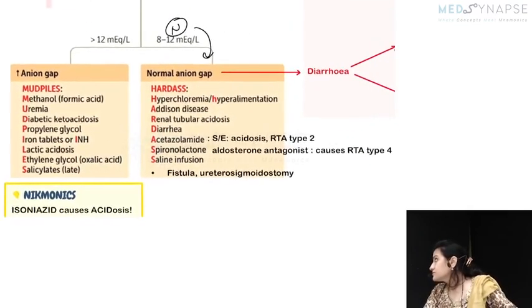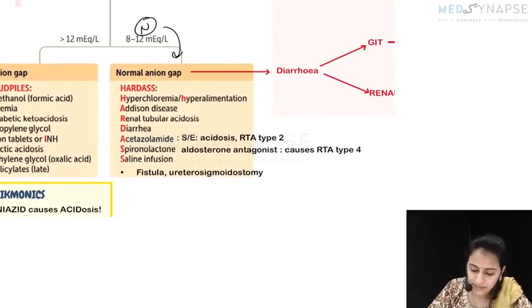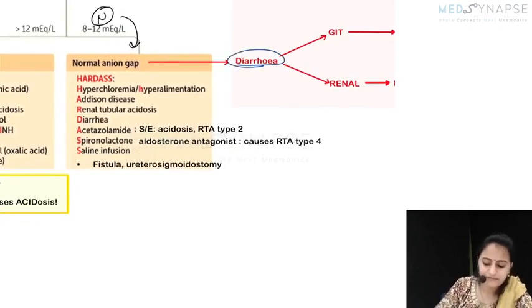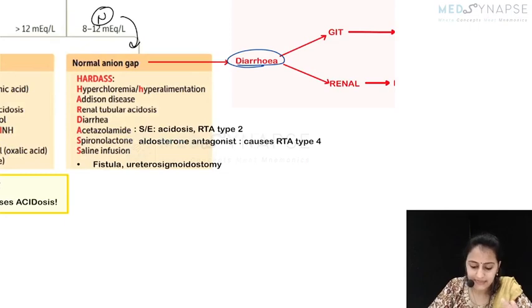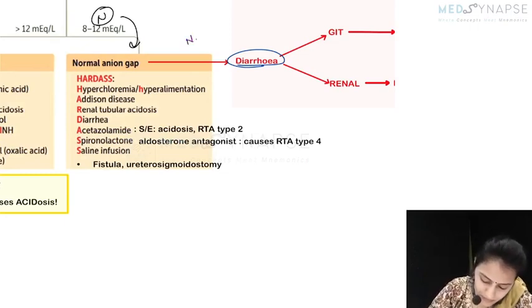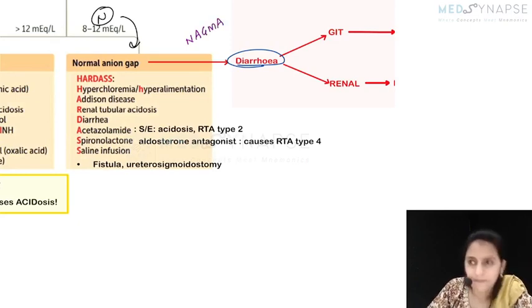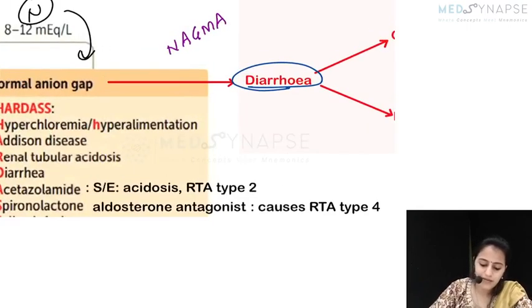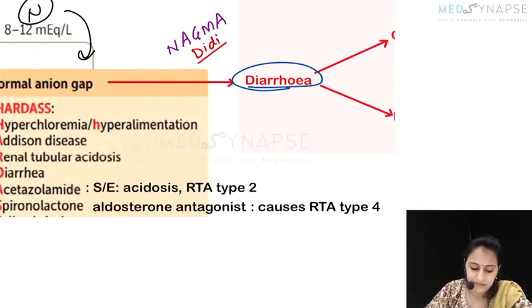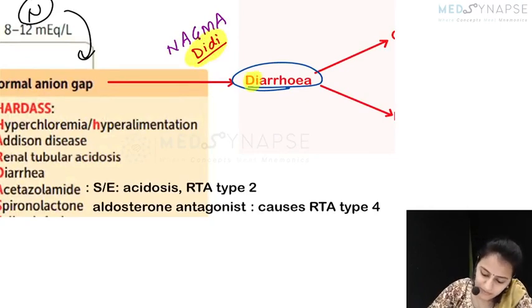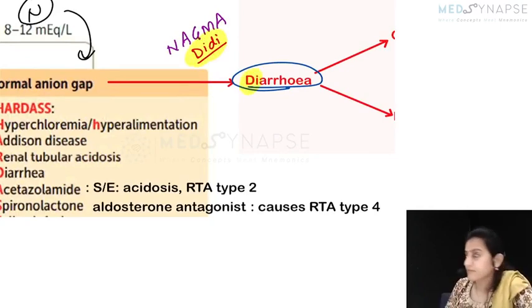And what are the causes of normal anion gap metabolic acidosis? Remember diarrhea. Diarrhea is normal anion gap. So remember it as NAGMA, right? Normal anion gap metabolic acidosis. Who is Nagma? Our sister, Nagma didi. That is diarrhea. You will remember it as Nagma. Right?